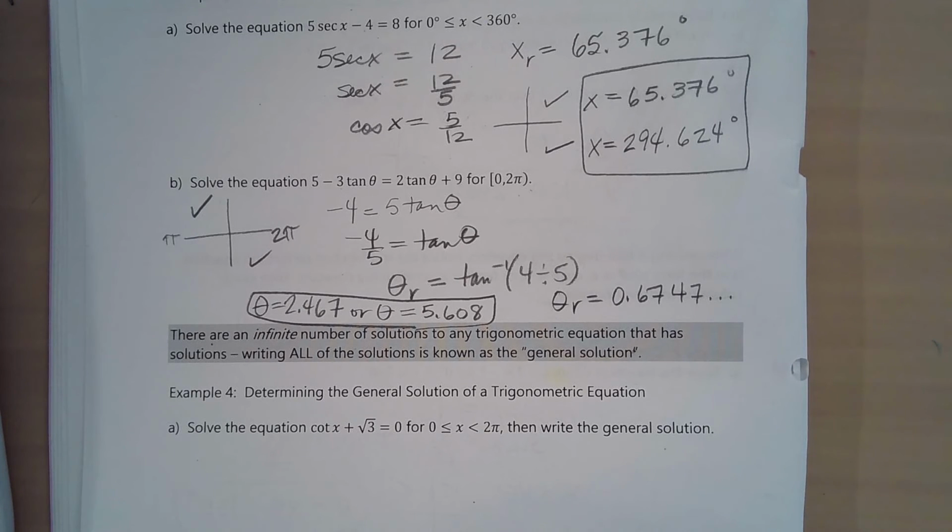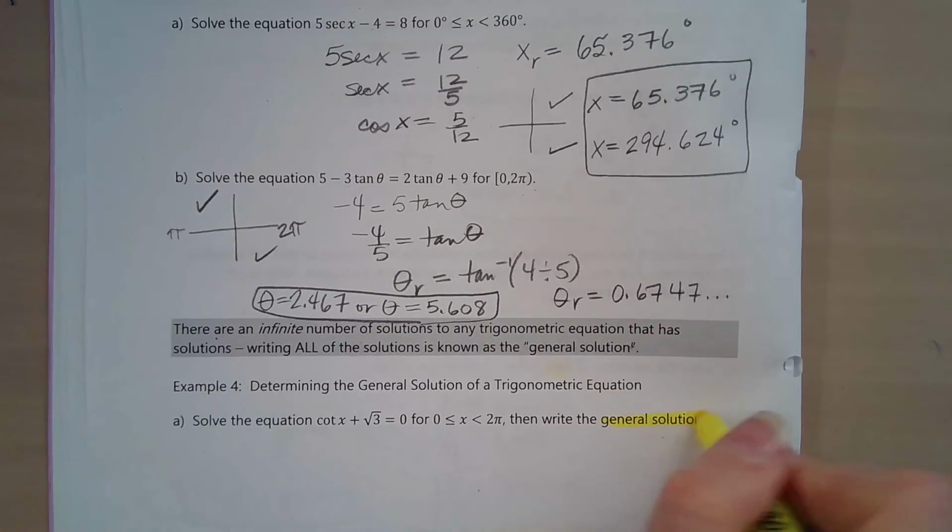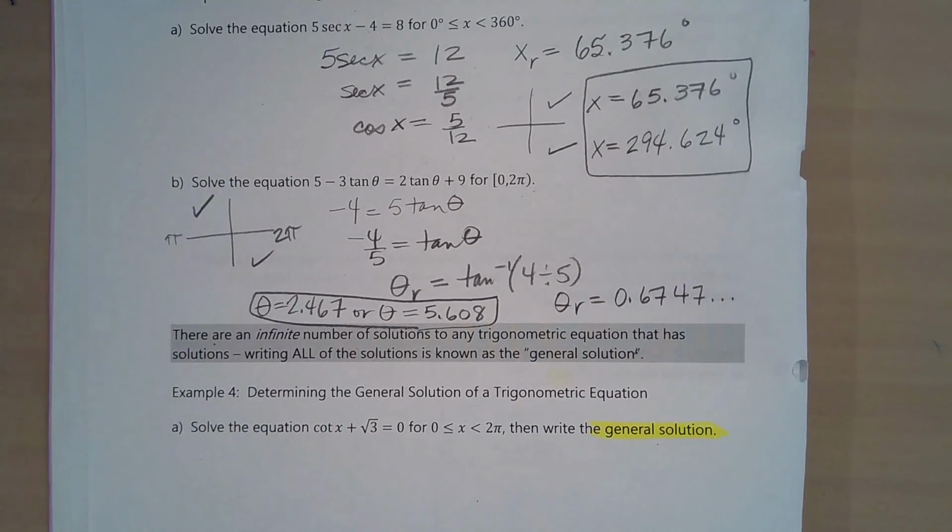Remember we did that? So if you're not given a domain, if you're not told start and stop, then you have to include the general solution. The other words you've got to look out for, it might just tell you write the general solution. They're just getting you to solve for all angles.